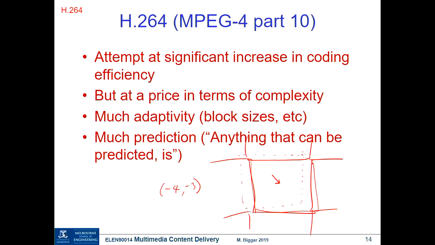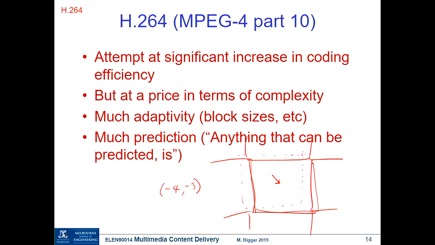Because that will be a perfect prediction only if the motion is purely translation, and it might not be. If I clench my fist, that's not translation, and provided there's no lighting changes or shade or anything else changing. So it will give a better prediction, but it will not necessarily be a perfect prediction.